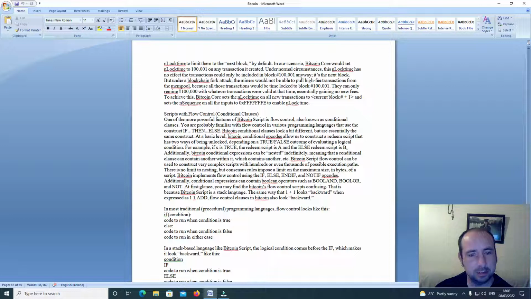To achieve this, Bitcoin Core sets the nLockTime on all new transactions to the current block height plus one, and sets the nSequence on all inputs to 0xFFFFFFFE to enable nLockTime.